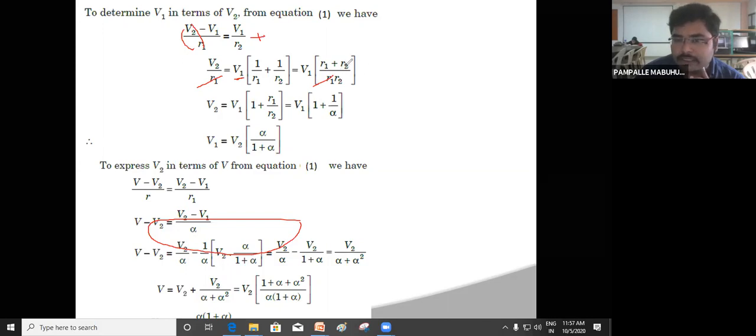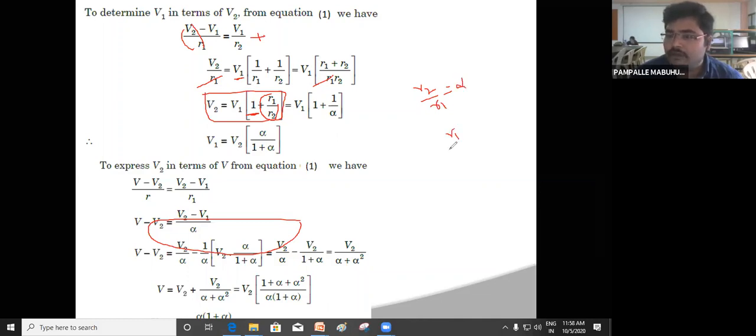Or you can say that if you divide by R2 for both terms, R2 by R2 is equal to 1, and you will have the other term as R1 by R2. So V2 can be written as V1 into (1 plus R1 by R2). Right. So what is this? Sorry, R2 by R1. This R2 by R1 is alpha, from our assumption.